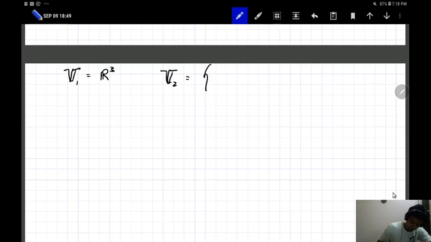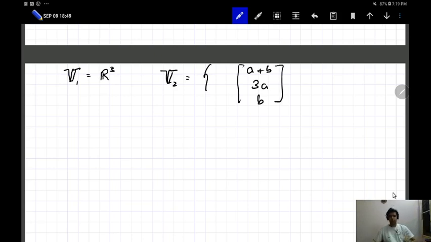V1 is R3 and V2 is the set of all (a plus b, 3a, b) such that a, b are in R. So the question is, is this set V2 a subspace of V1 or not?